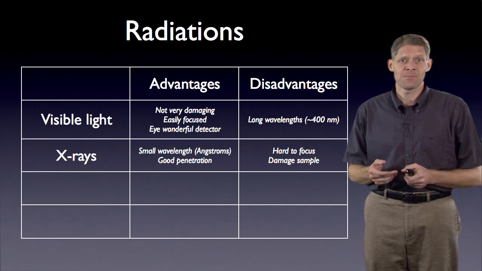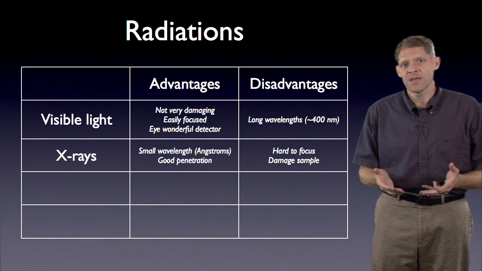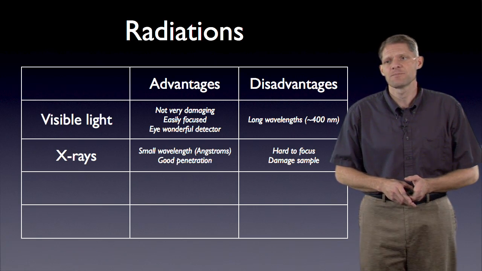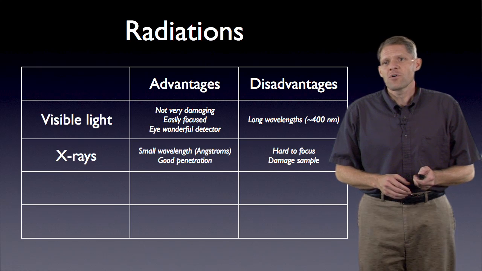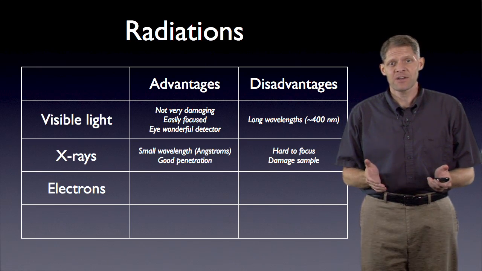Next, X-rays damage the sample. And that's why, of course, if you go to the hospital for an X-ray, they'll give you a lead blanket to cover the parts of your body that don't need to be imaged. So let's think about other forms of radiation that we could use to build a microscope.